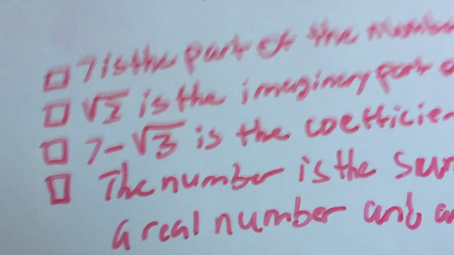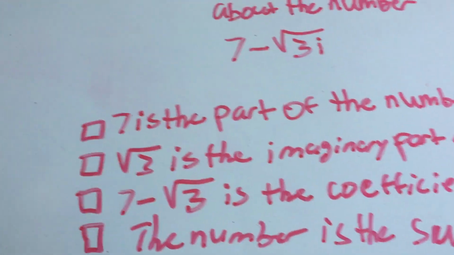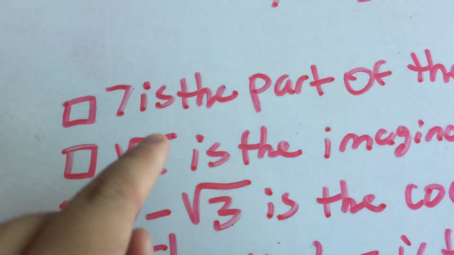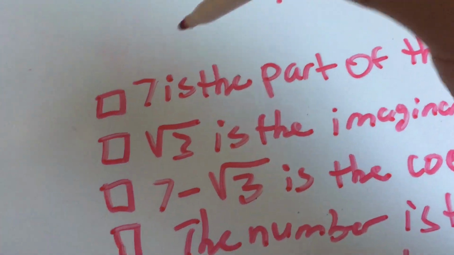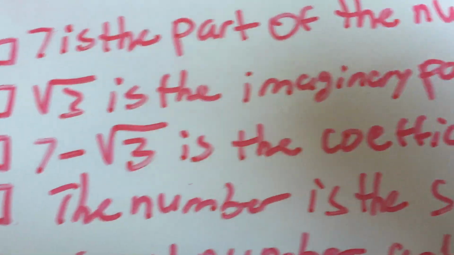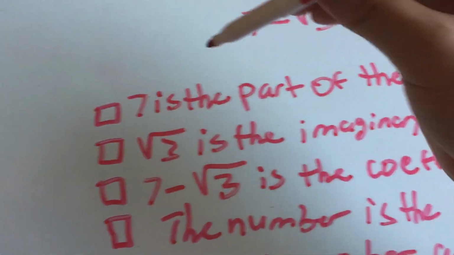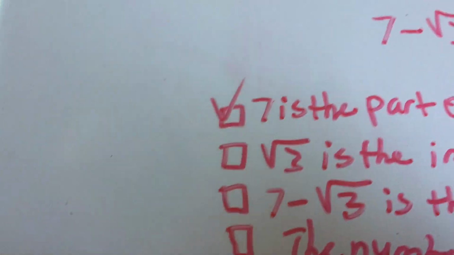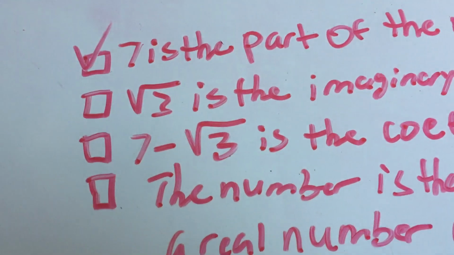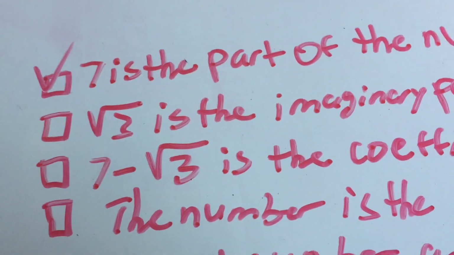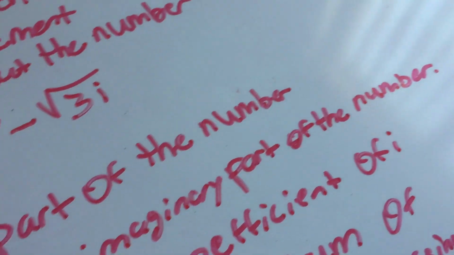Alright, let's go one by one here. So first one, 7 is the part of the number. Yep, it is a number, and it is part of the number, so check for that one. The square root of 3 is the imaginary part of the number.